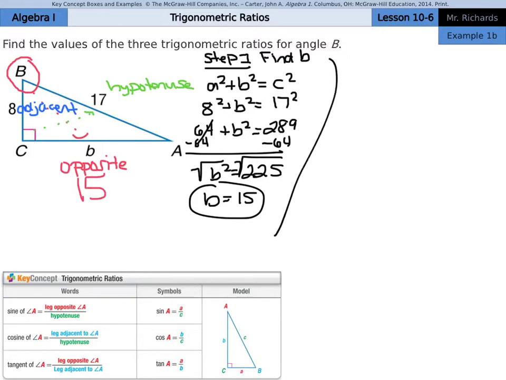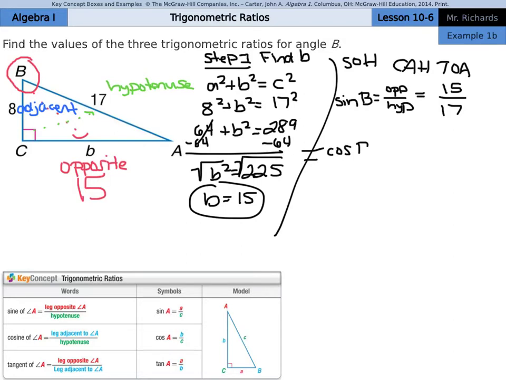Now, to write the trigonometric ratios, we start off with our SOHCAHTOA. The sine of B is equal to the opposite over hypotenuse, which is, the opposite is 15 over the hypotenuse, 17.